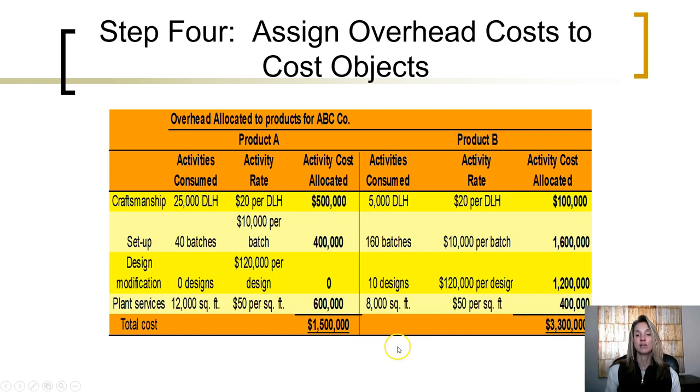We would then need to go through the same process to allocate indirect costs to the other product. 4 cost pools, 4 predetermined overhead rates, 4 allocations to that product. The actual number of activities used times the predetermined overhead rate for each cost pool.